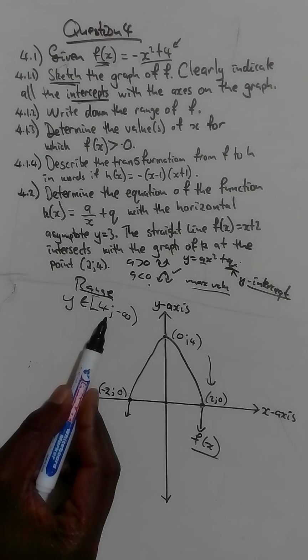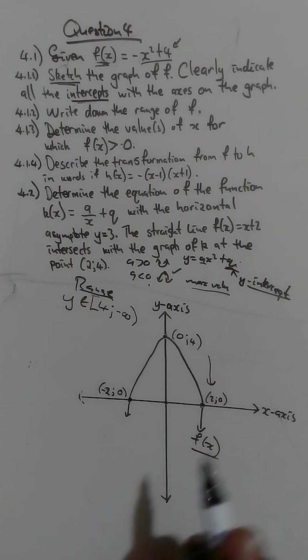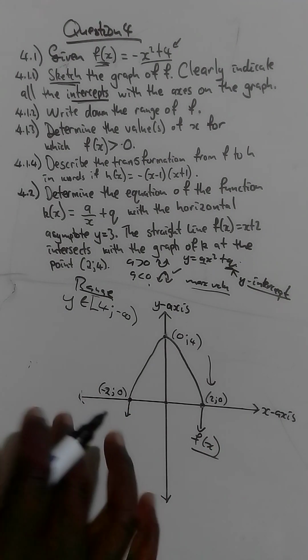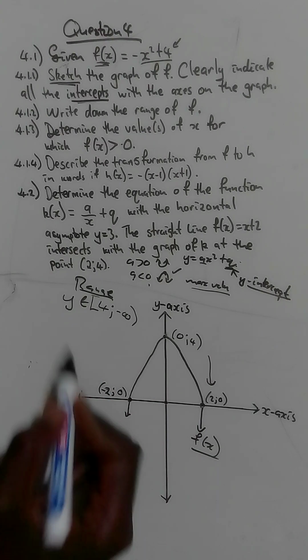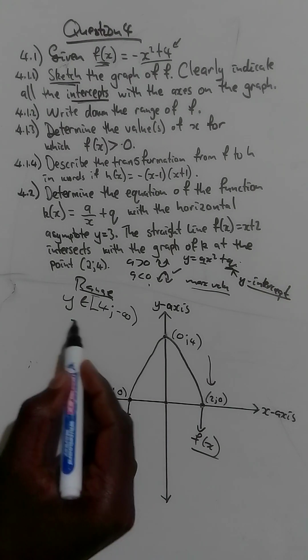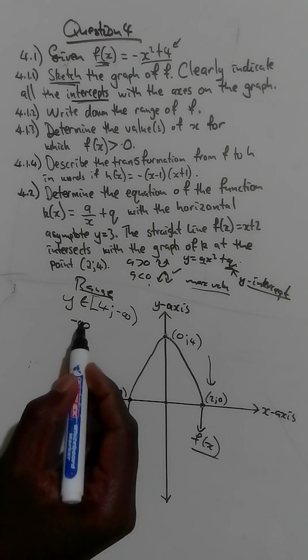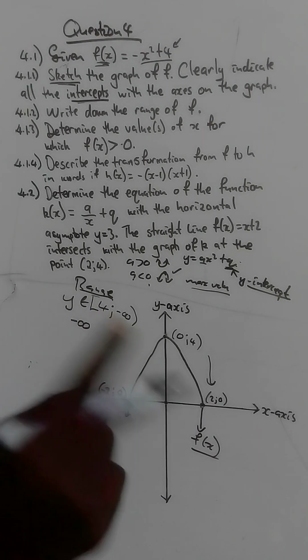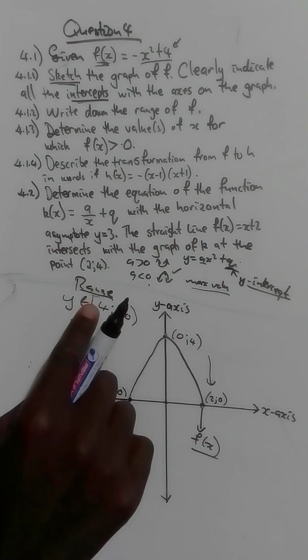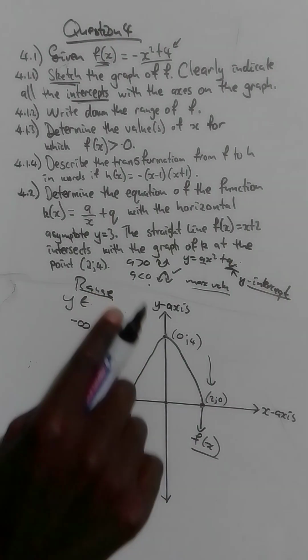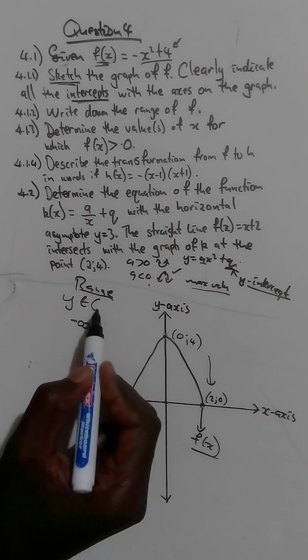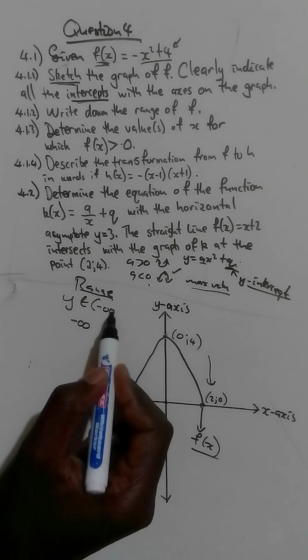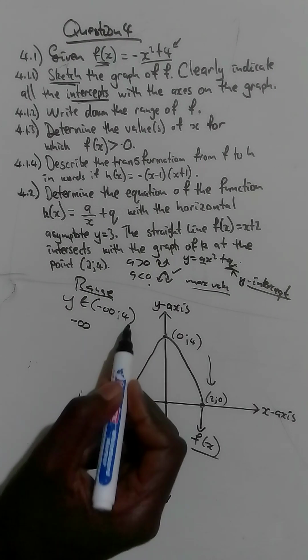So you could have answered it like this, or you could have used an alternative method where you say your answers are the values from negative infinity. Remember, negative infinity is what? Oh yes, here I made a mistake. I swapped the places. I was supposed to say that y is an element from negative infinity to positive 4.